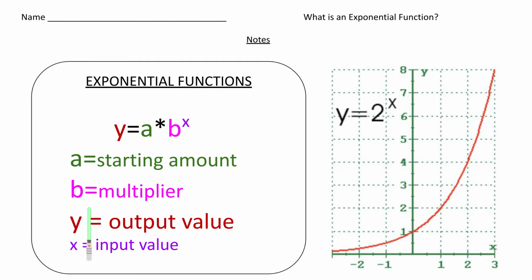B is the multiplier, how much your money or this growth is being multiplied by. Y is your output value, and x is your input value. So typically, x is a time function, so how many days you're going to be applying the multiplier to your starting amount. And it looks like this really cool graph.